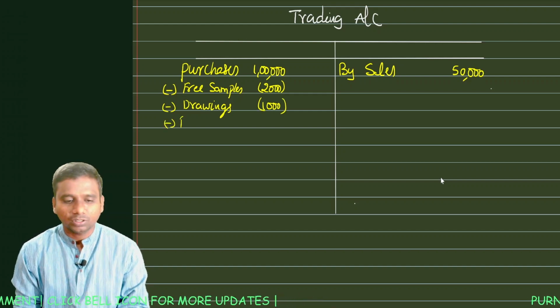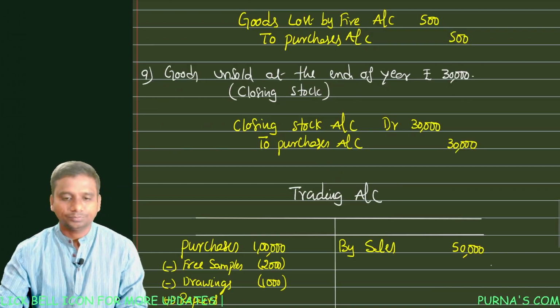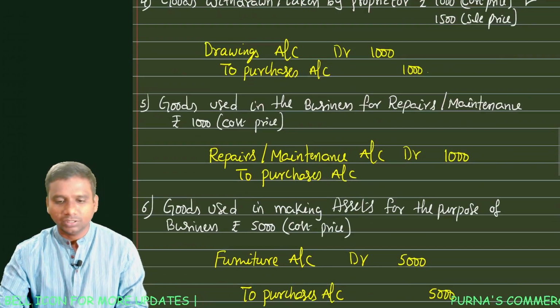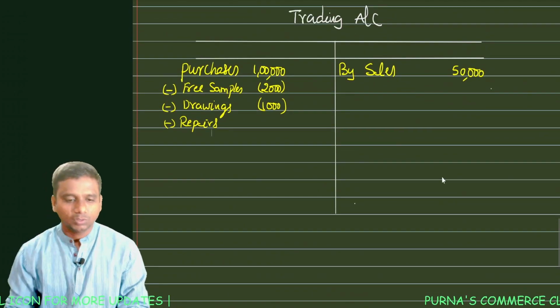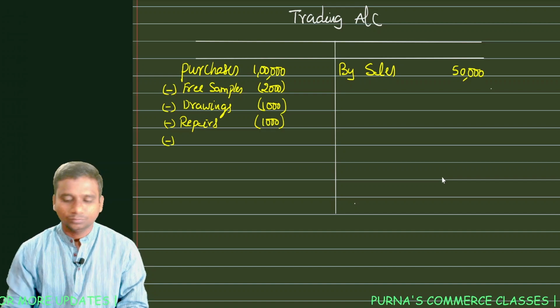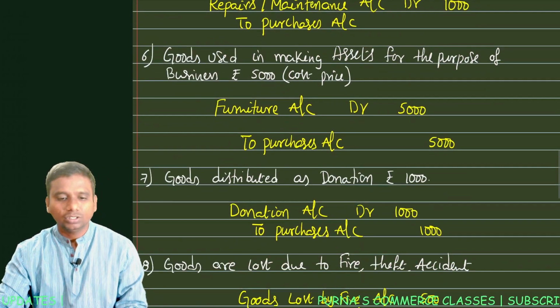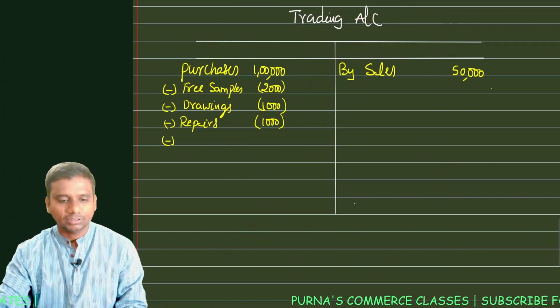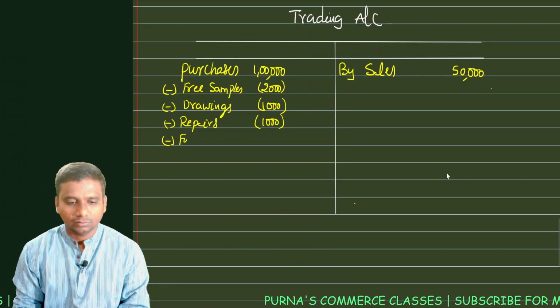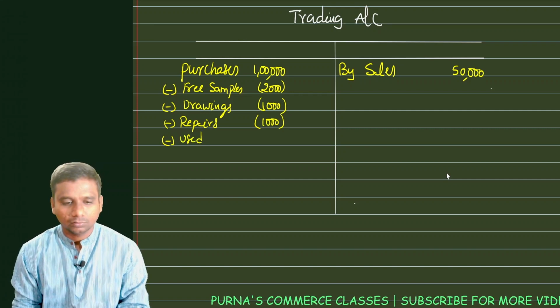Next, what happened? We used them for repairs. How much did we use for repairs? 1000. Deduct. Minus. Next, what happened? We have used them for making an asset. Yes or no? So furniture.